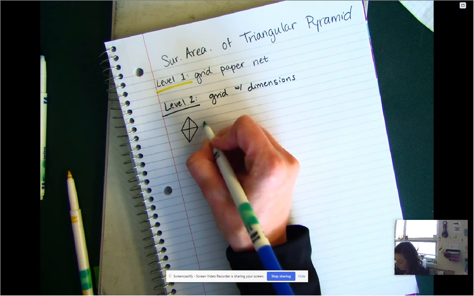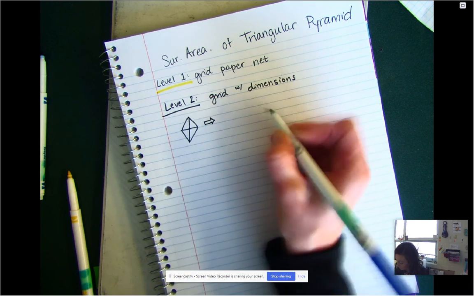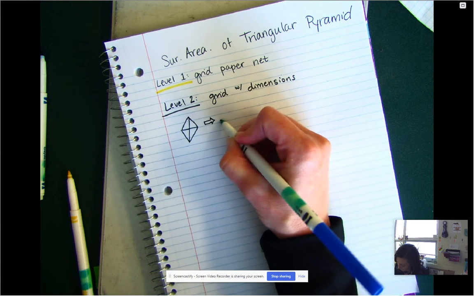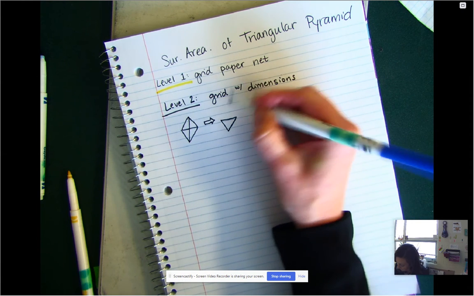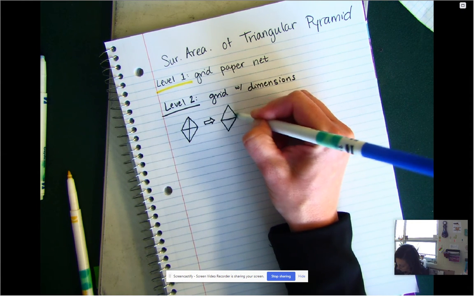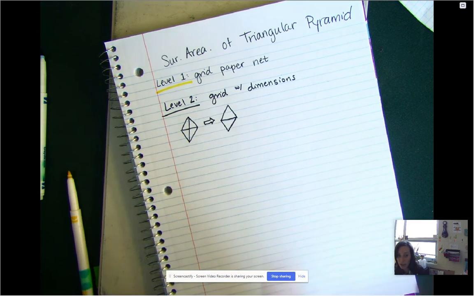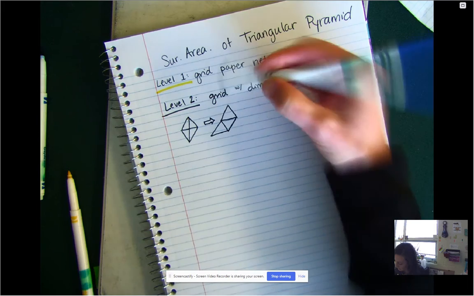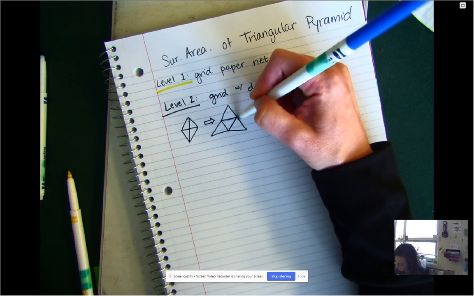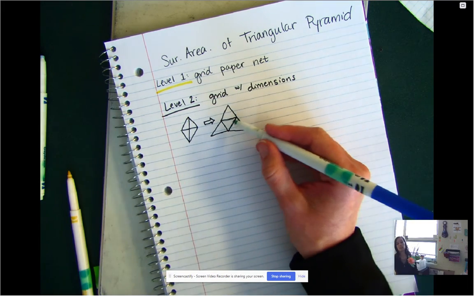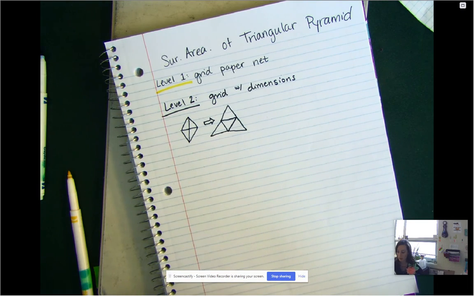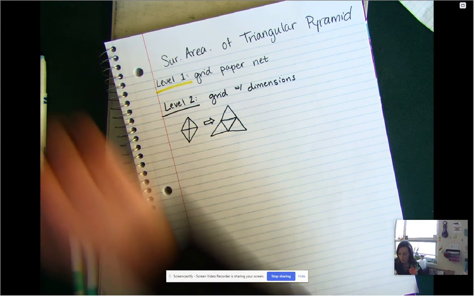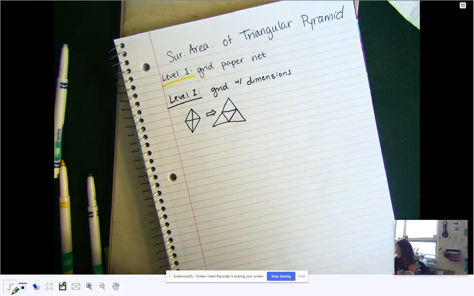Okay. The net tells me it unfolds into, I have this triangular base, and then I have a triangle off the top, a triangle off this side and a triangle off this side. And this makes sense, right? We kind of see that squeeze in the middle like we saw when we unfolded the net last time.